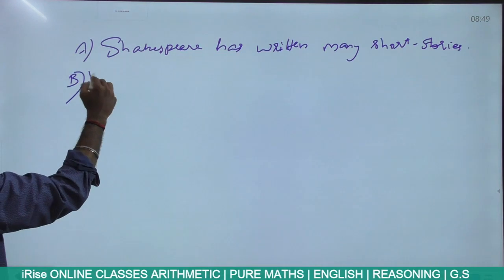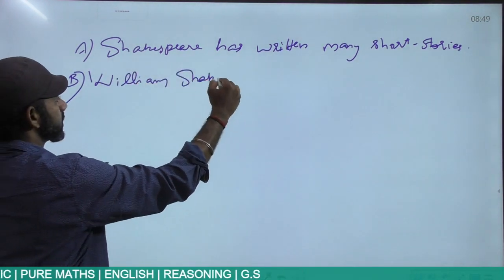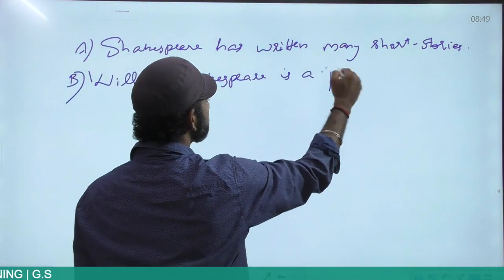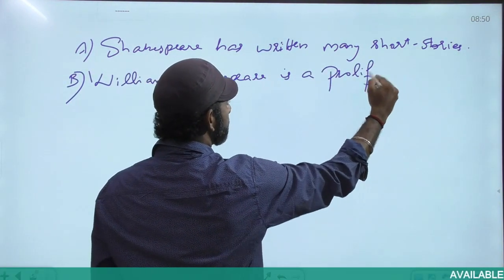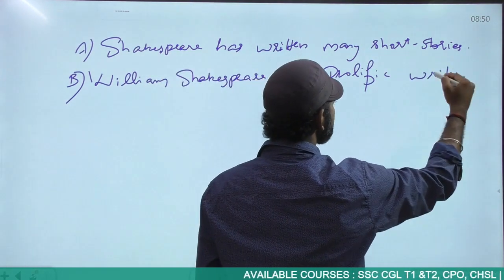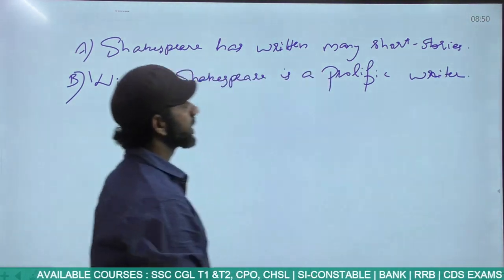Sentence B, William Shakespeare is a prolific writer. Prolific writer means a versatile writer.